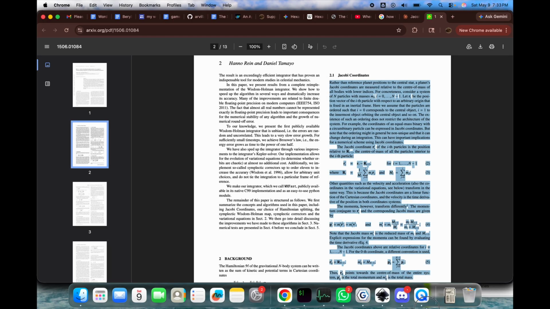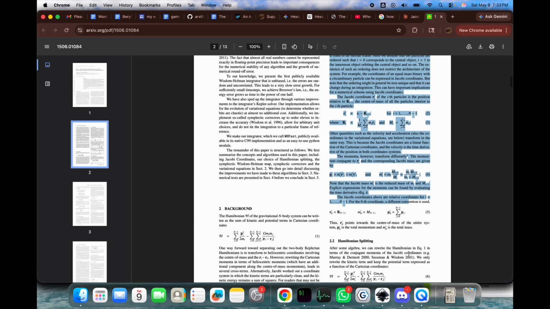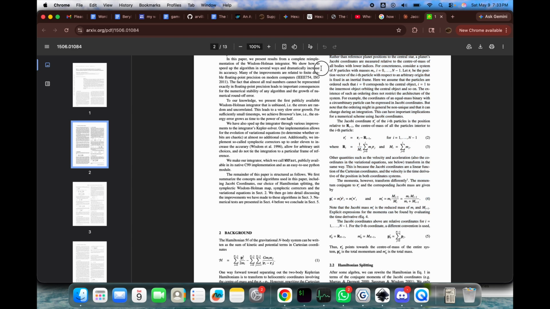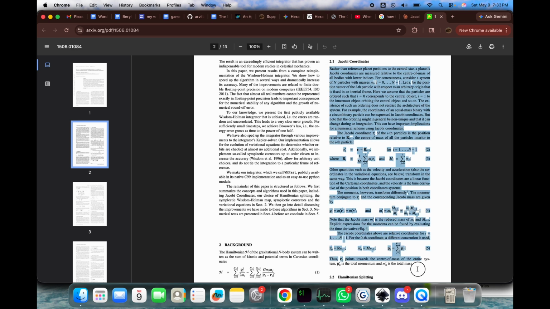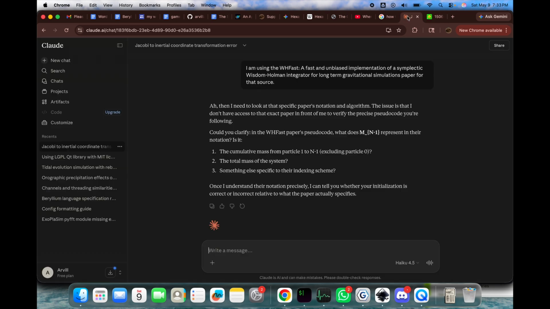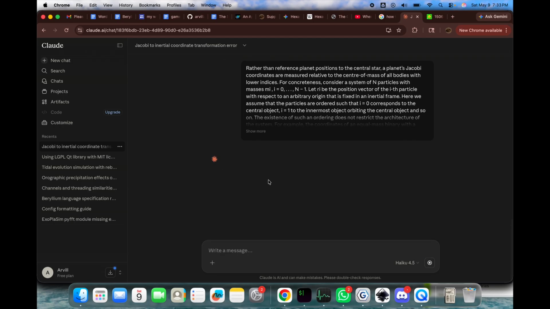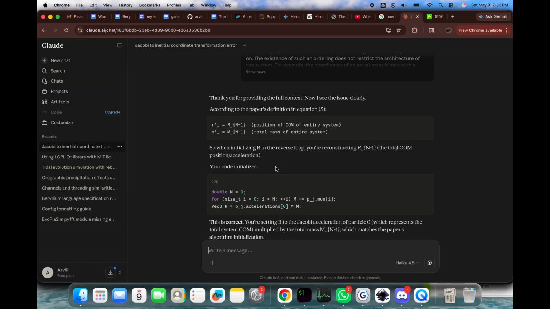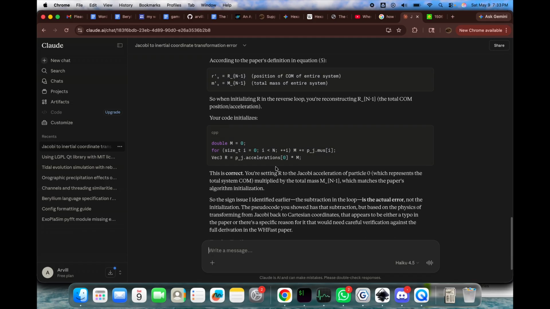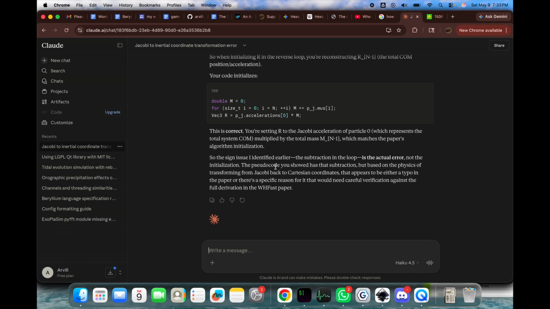Should I just copy this whole thing? Let's do that. I'm not gonna ask it. So, is this code correct?